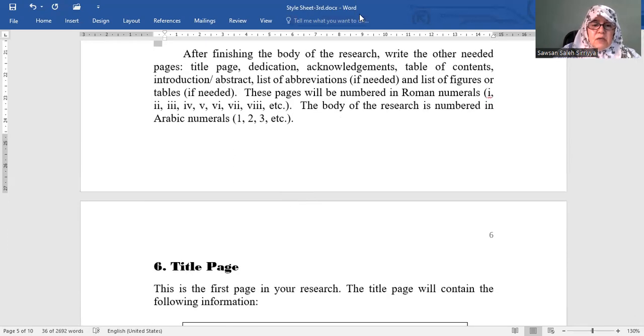Let me give you an example. I'll show you here an example of a research paper from previous years. Okay, so let me take this one. This is an example from previous years.